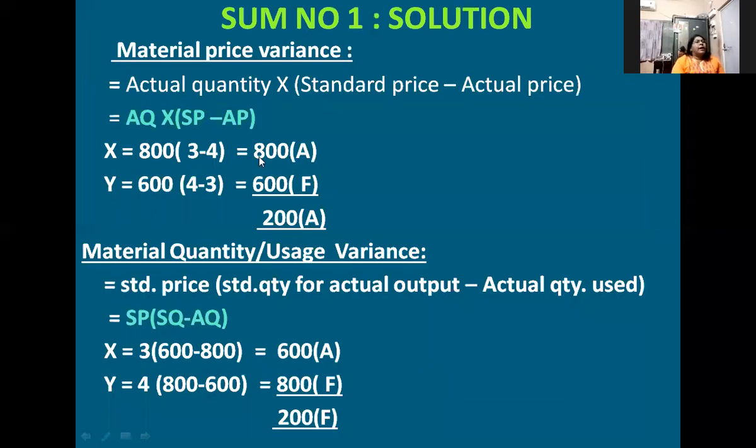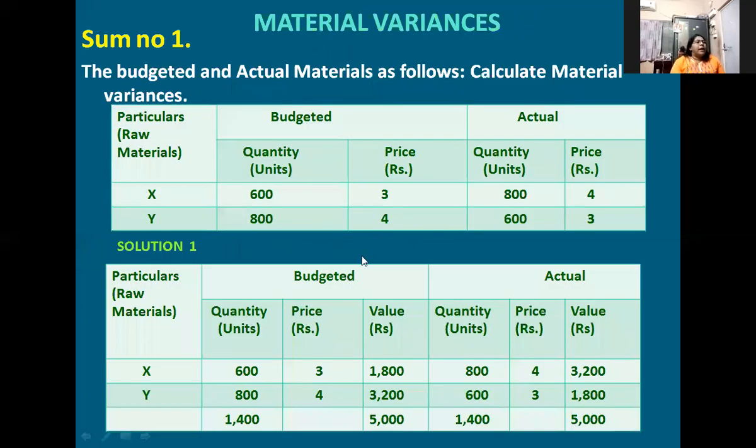So we need to work out this kind of tabular column when we have this kind of problem. Next, look at how I calculated the material price variance. Material price variance, as usual, the formula is standard price minus actual price within the brackets, and that answer is multiplied by the actual quantity. Here I made the calculation separately for X and Y. Finally, we can take the summation. First, I need to calculate for X. The actual quantity is given. Everything is readily available in this problem. It's very easy to follow.